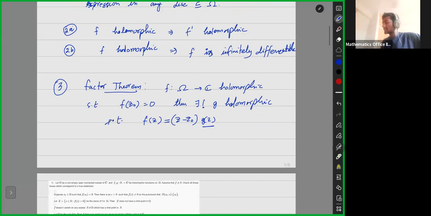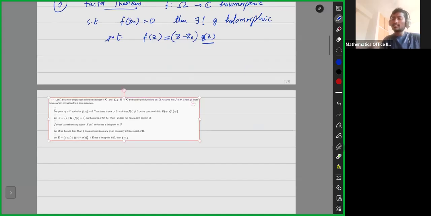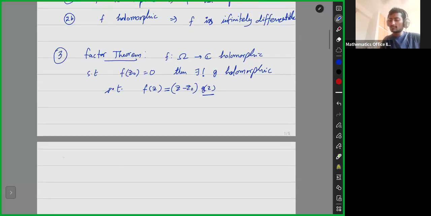Right. After factorization, the analytic continuation. What was analytic continuation? The principle of analytic continuation.